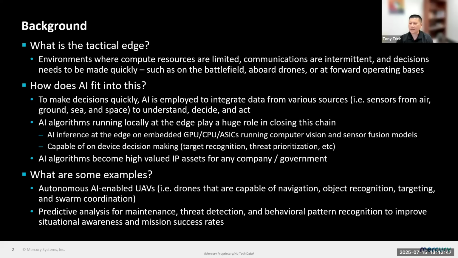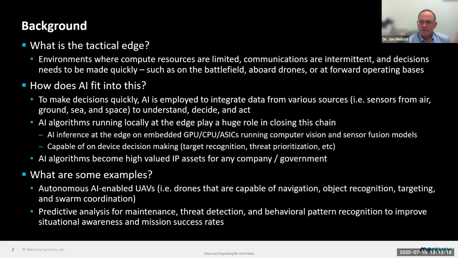Sure. Just to start, I think you hit on it in the introduction, right? It's about closing the loop on the chain from when information is gathered to when it's acted on. In the traditional model, in the case of a drone, you've got a person in a command center operating that drone remotely, right?